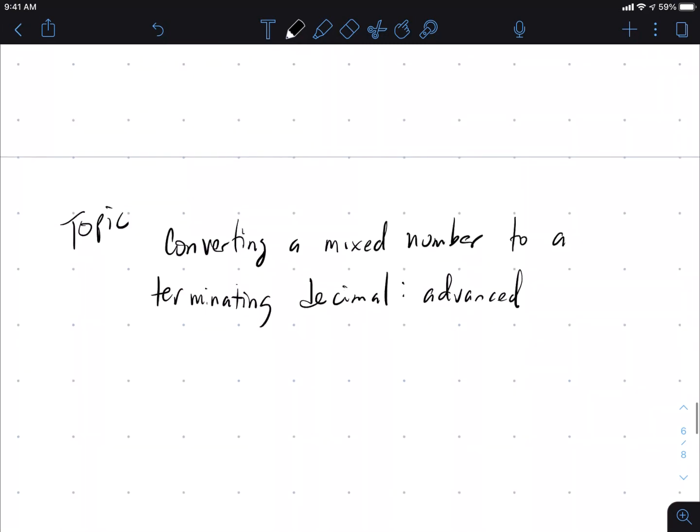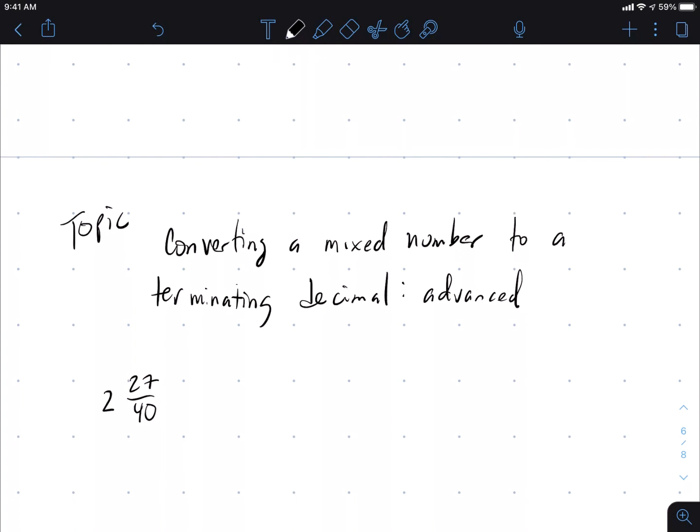Okay, so they're giving us 2 and 27 over 40, and what they want us to do with this is to convert it to a terminating decimal. Is there any way that we can reduce 27 over 40?